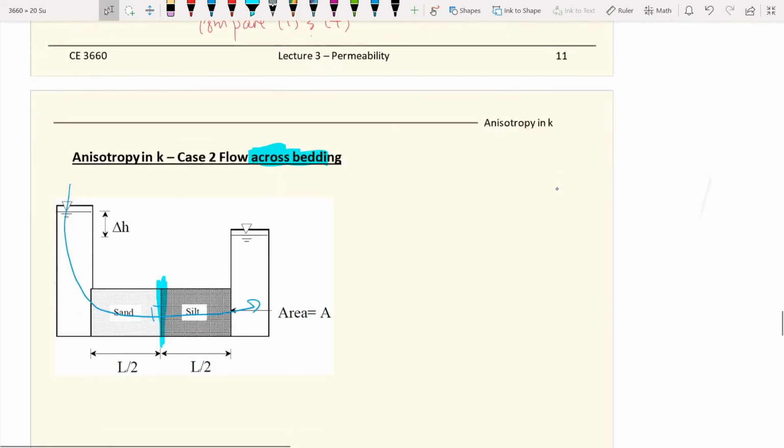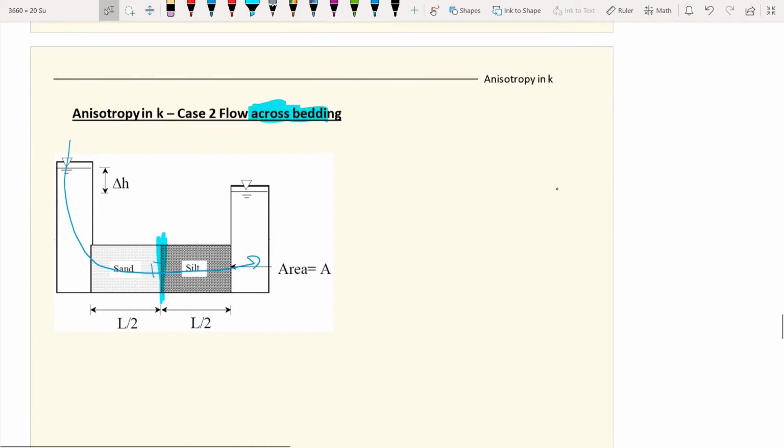But in some geotech designs, we want to control the water flow that goes across the bedding. In the next examples, we will highlight some landfill designs where we purposely make that happen, so that the water flows perpendicular, across the bedding of the soil.